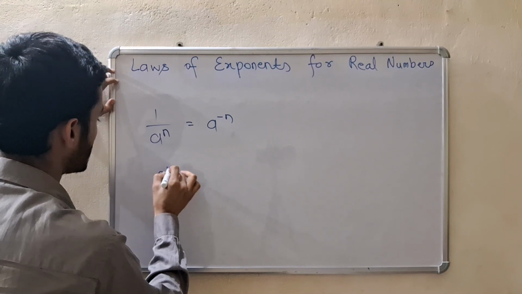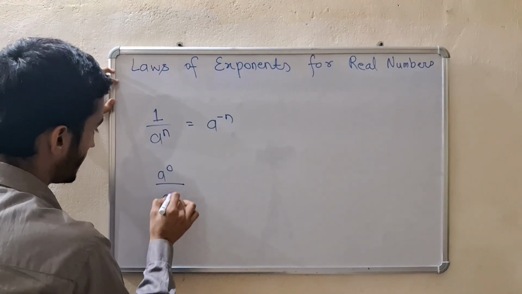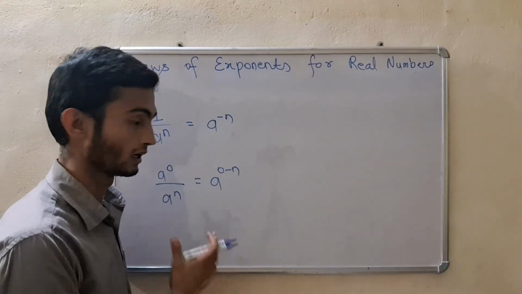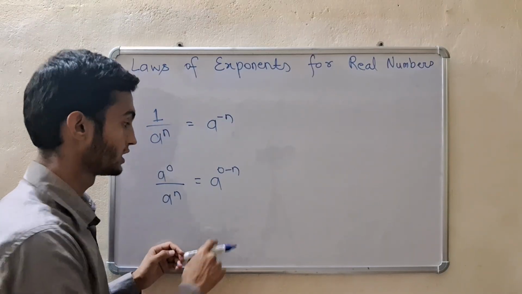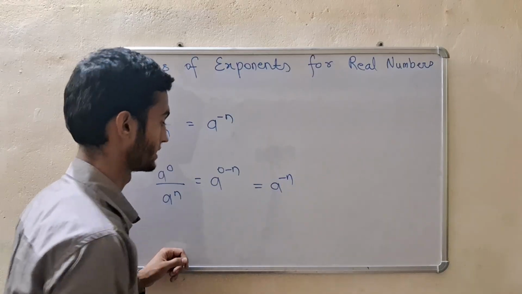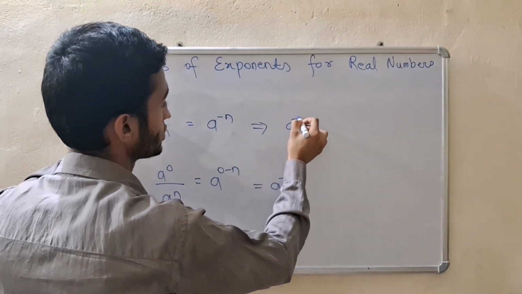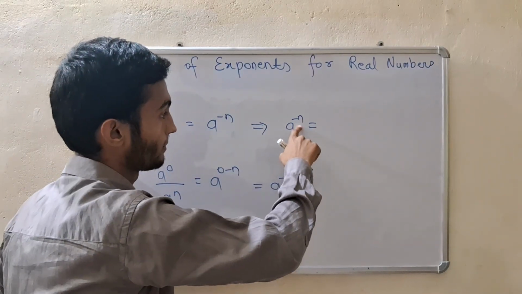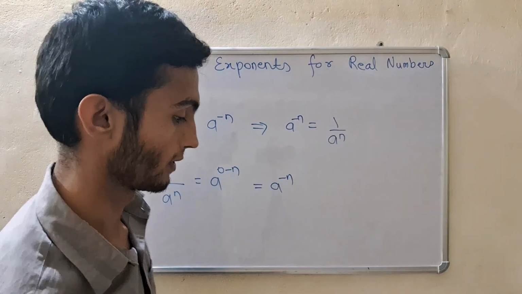Because 1 can be written as a to the power 0, so it becomes a to the power 0 upon a to the power n, and using the law of exponents in terms of division, it becomes a to the power 0 minus n. So it can be written as a to the power minus n, right? Conversely, you can say that a to the power minus n, which is now a negative exponent, is 1 upon a to the power n, right?